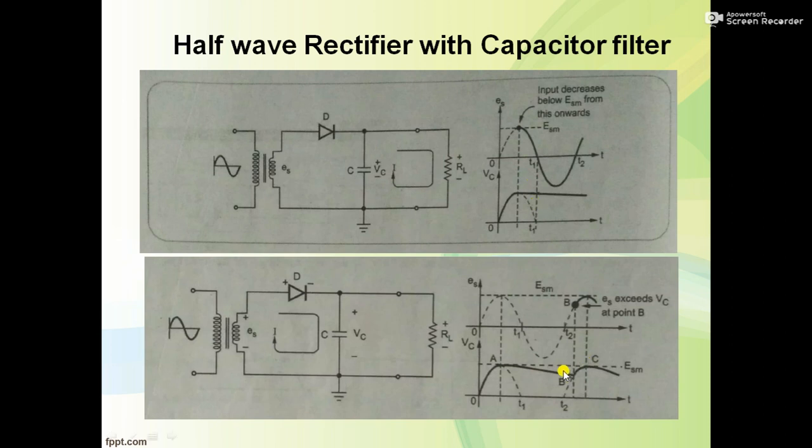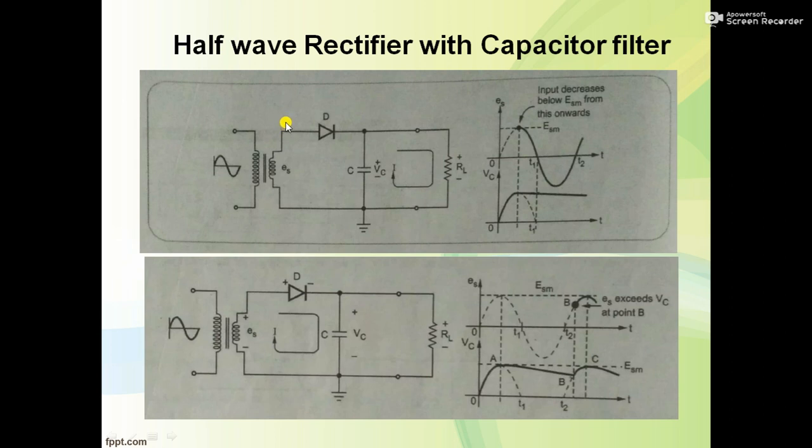So what does this point indicate? During the negative half cycle of the AC input supply, in the first half of that negative half cycle, the capacitor is discharging. And from this negative peak point, the voltage is now increasing.